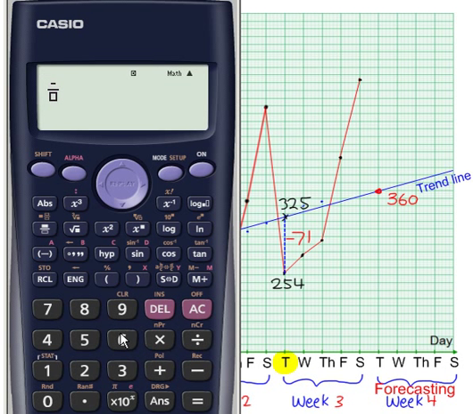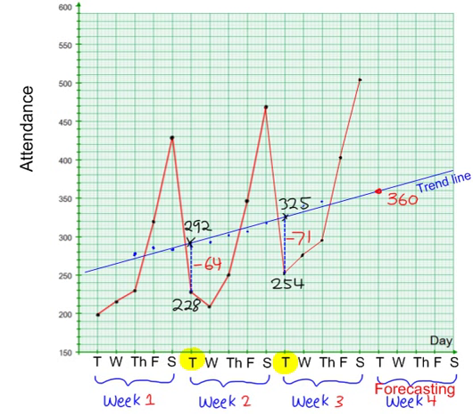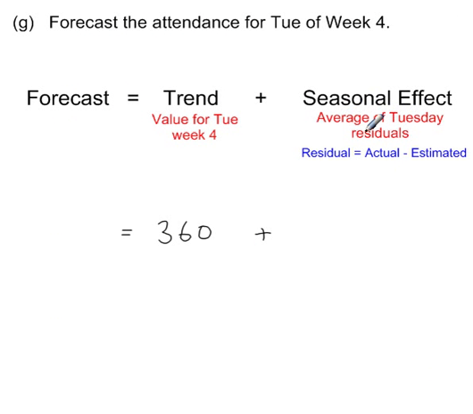Just add them together, divide by 2, and that gives us an average residual of minus 67.5.